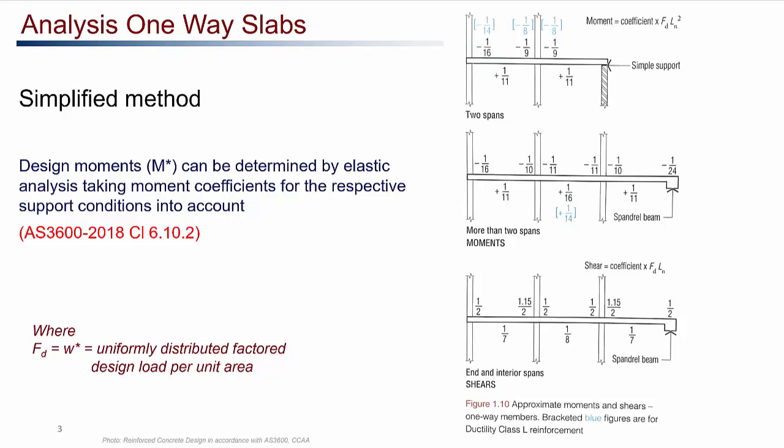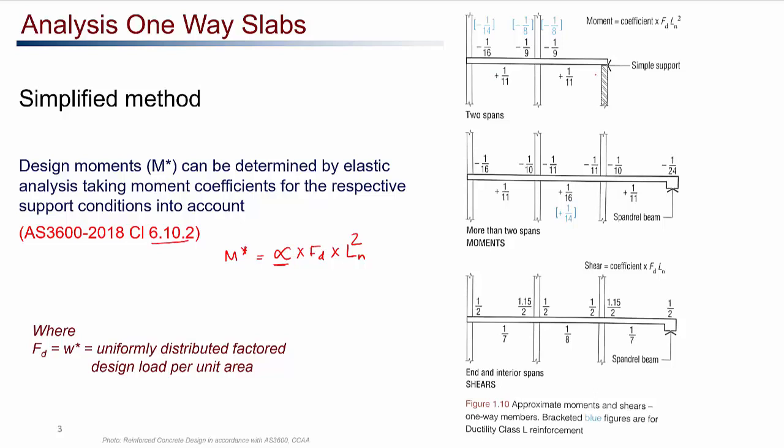So for example, for this slab with two spans, we can have a moment M star as alpha, which is the coefficient, multiplied by Fd, which is the uniformly distributed factored design load per unit area, multiplied by the clear span squared, ln squared. Now this alpha is given in the code in clause 6.10.2 as shown in the diagram here.